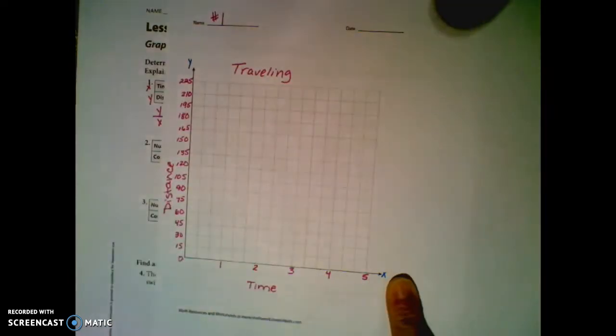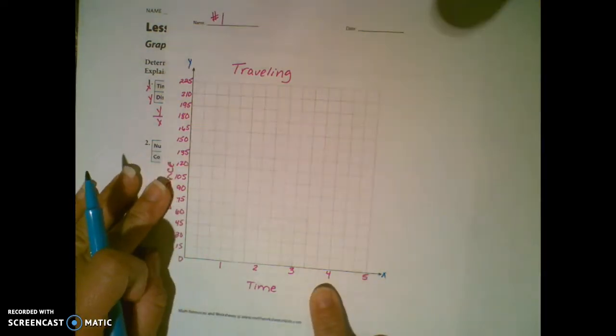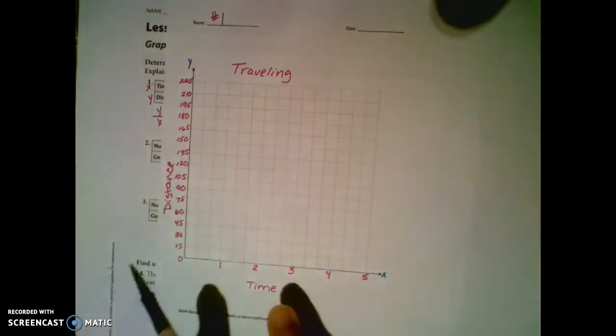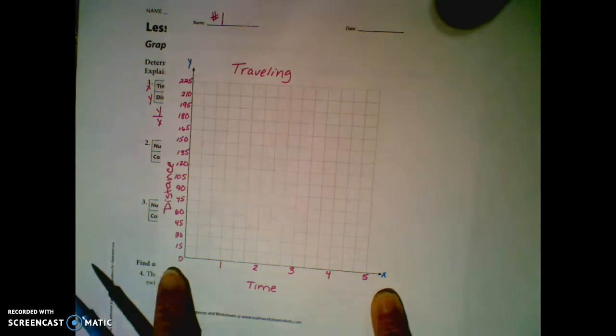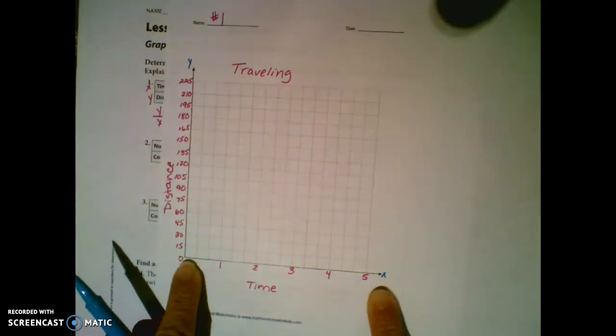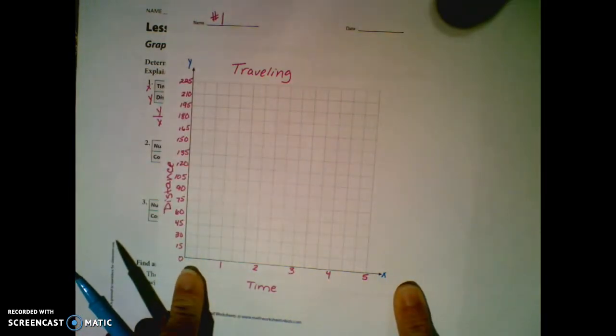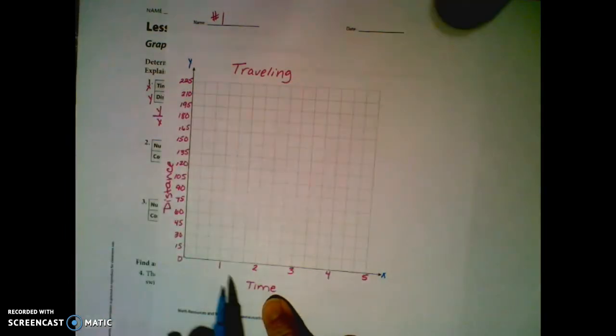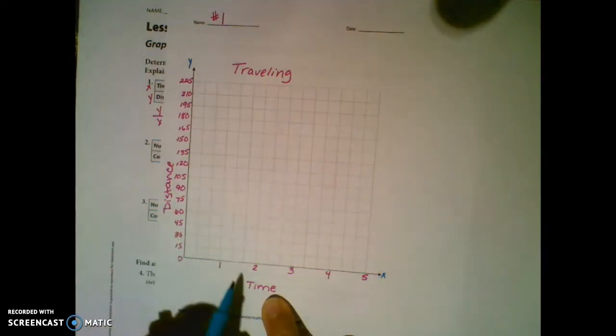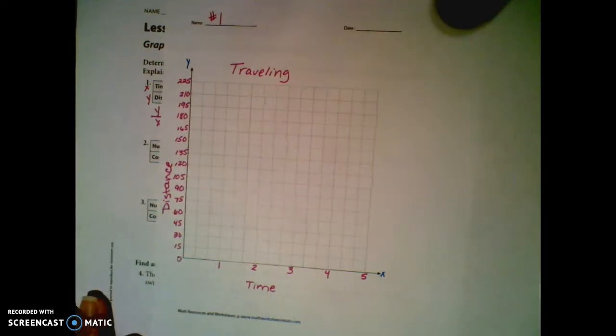Using a scale, the scales on the x and y axis do not need to be the same. But another thing you can do is space out your values on an axis. So you can either use a scale to space it out, or you can physically space it out. I've got a title. I've labeled my x and y axis with what those values represent.